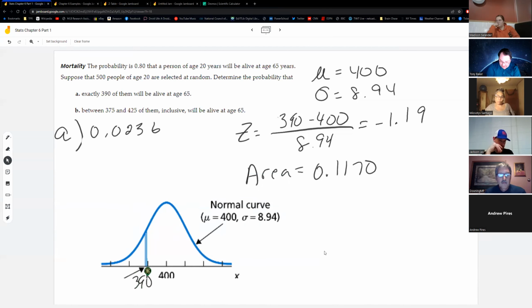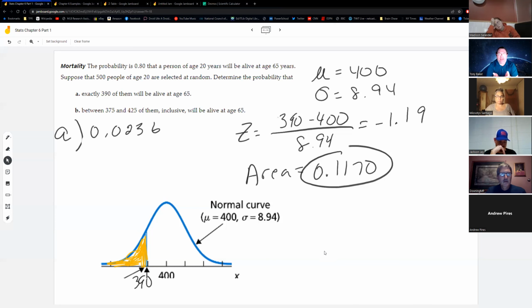If that's 390, this number right here is giving me all of that. Is that what I wanted? Did I want everything less than 390 or did I want exactly 390? I wanted exactly 390. So when you're looking at the area, it's going to give you everything from that value all the way down. The only way to find an exact value is we have to find two things and subtract them.